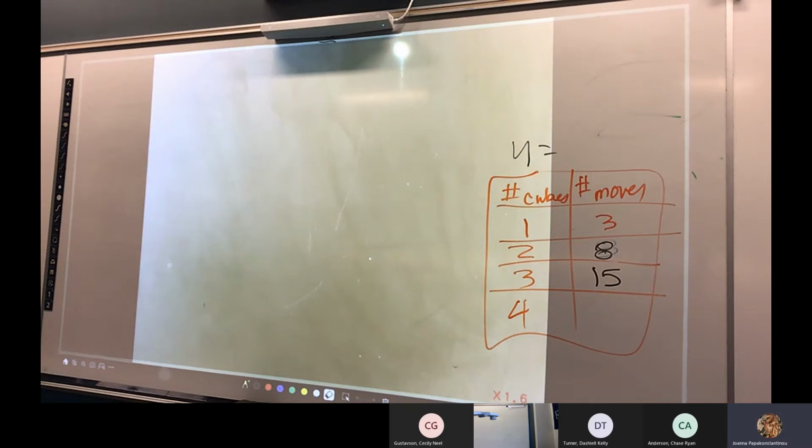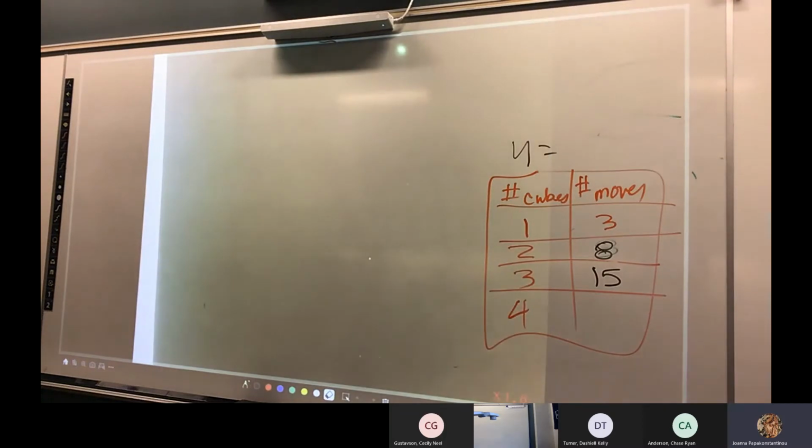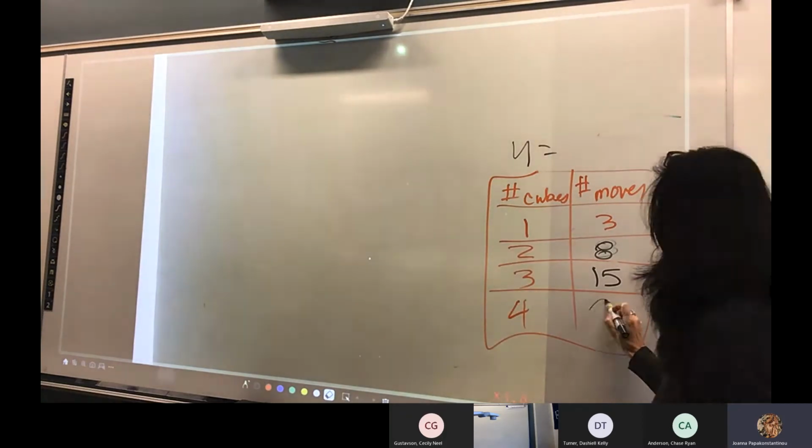What needs to be next to that red one? 10. We can make sure that our numbers are correct. 13. Yes. 17. 18. Okay, it's looking like most of you found it.